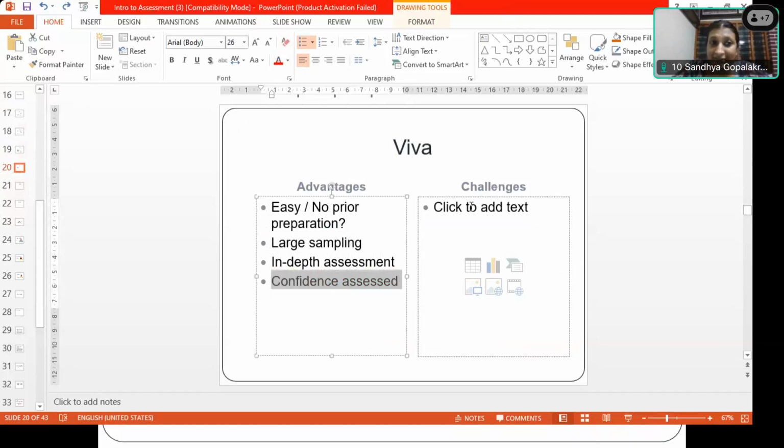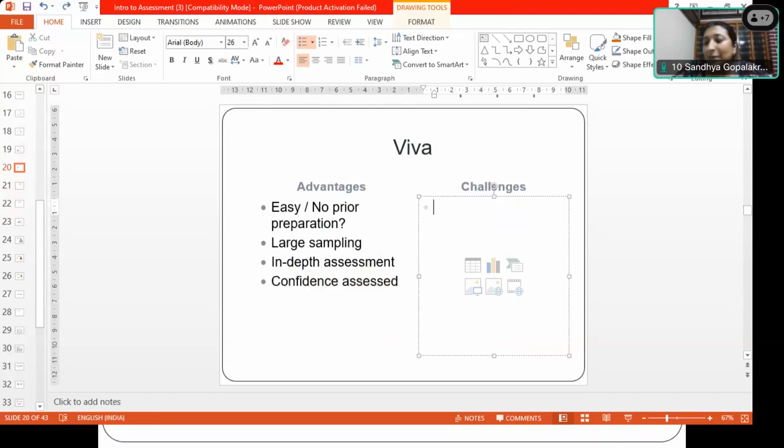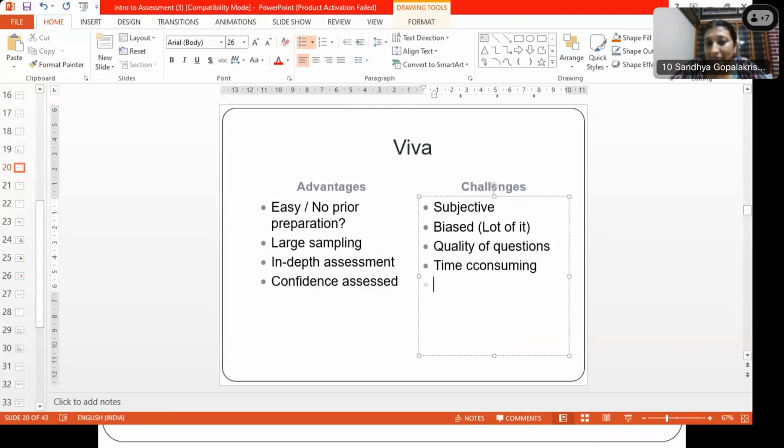It's subjective. It could be biased. Quality of questions. Time consuming. Examiner fatigue. Language barrier for the students.